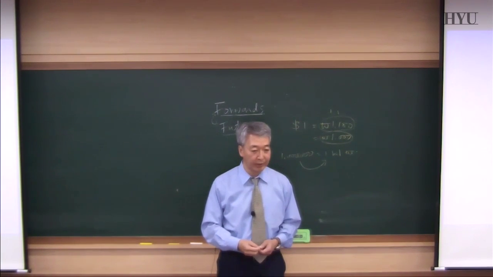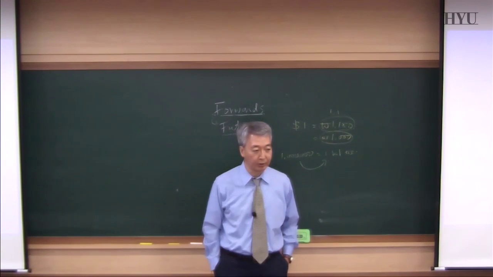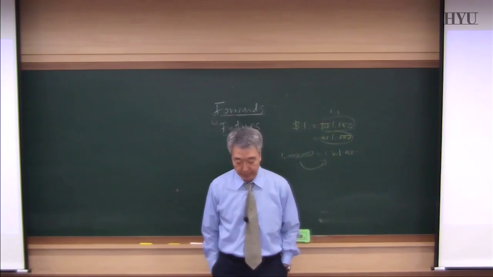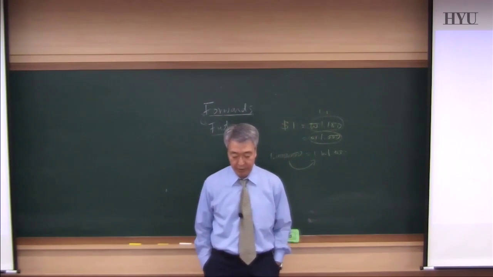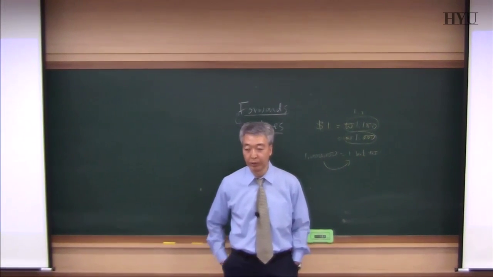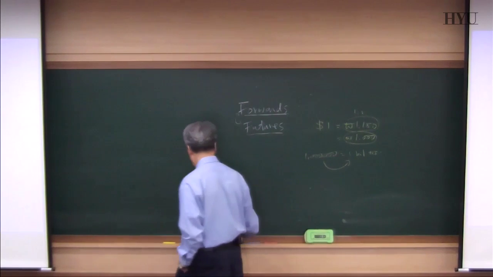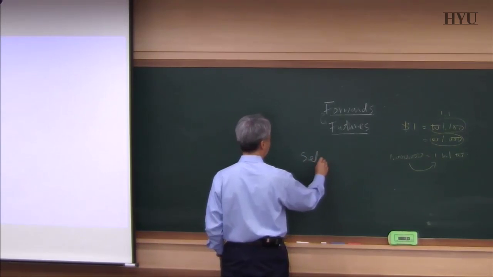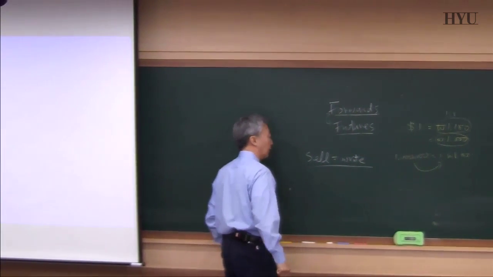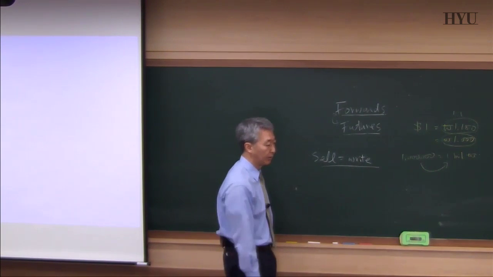So in order to eliminate the risk, this exporter can purchase an option or a forward, a currency forward. What it does is you pay a small fee to someone who sells this option, or writes the option. In options trading, writing an option means selling an option.